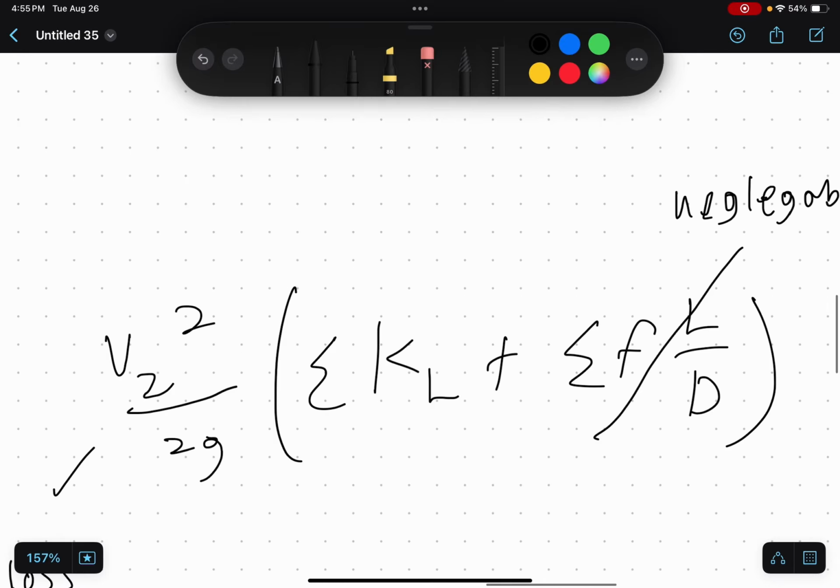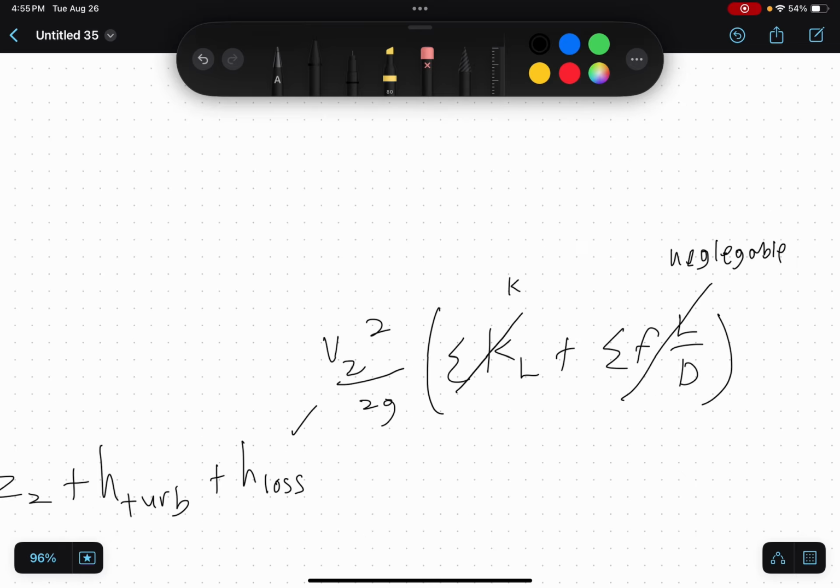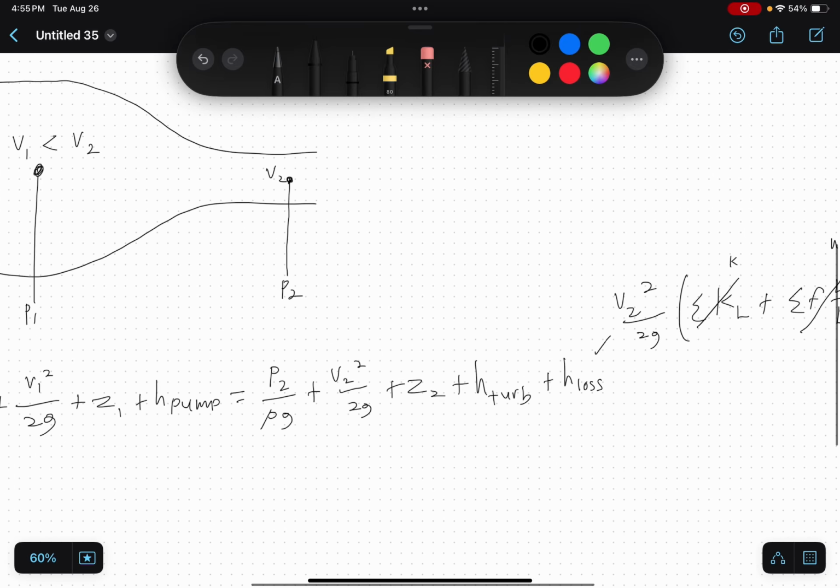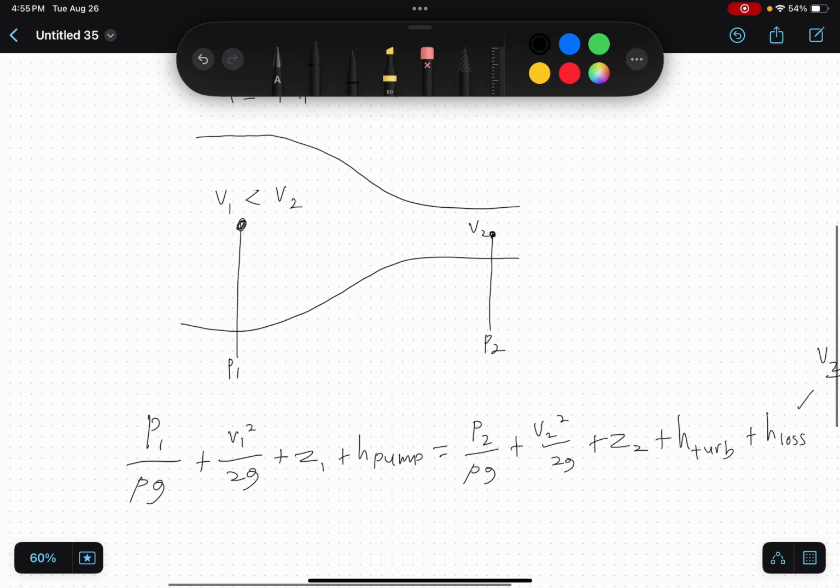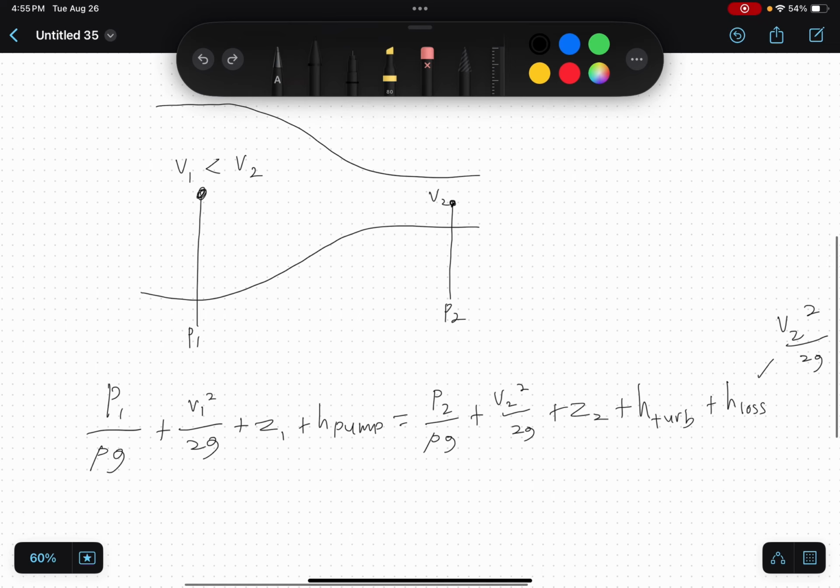So instead of KL, I'm just going to call it K. Cool. And then we start with an average height of the fluid there, and we end with the same average height. Even if it's slightly different, it's also negligible. So we can cross out the heights. There's no pump in the system. There's no turbine in the system. I think that is it.